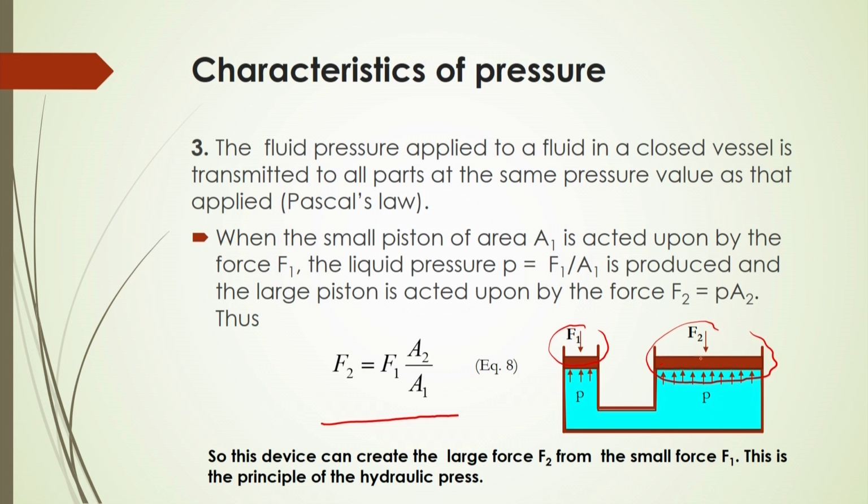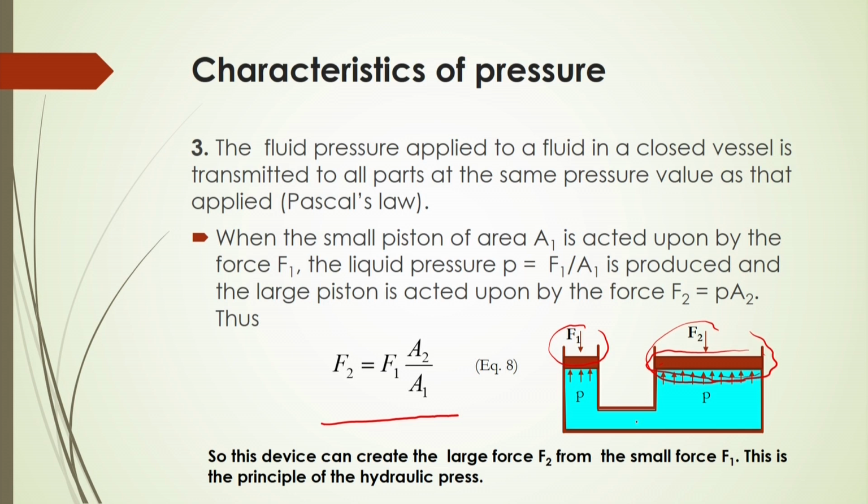So, here, if we produce a larger surface area, then accordingly the force acting on this will be based on the small force F1 acting on this surface A1. So, this is called the principle of hydraulic press. This is also one important characteristic of the pressure.